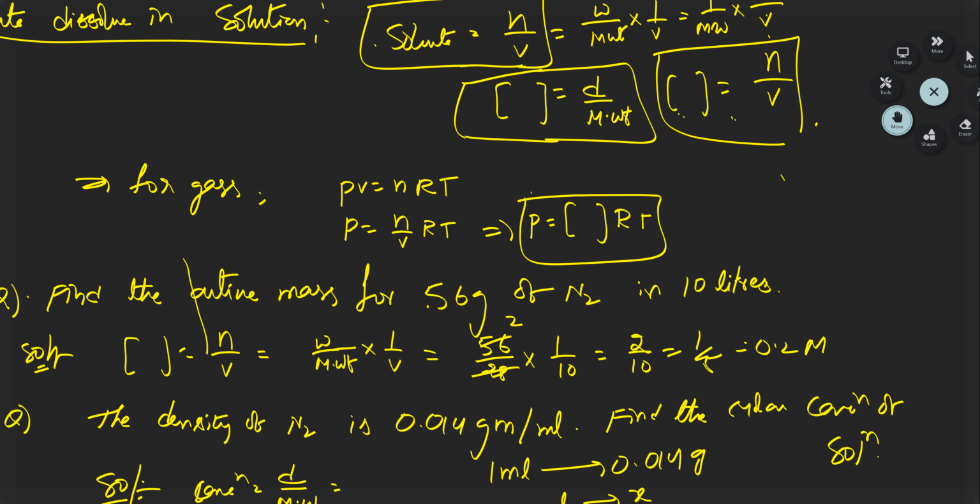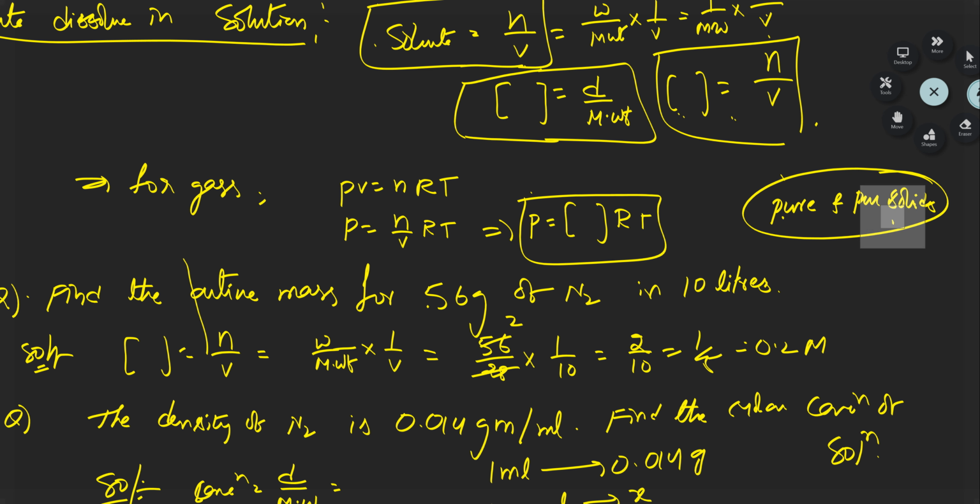So density of pure liquids and pure solids are constants. There is no change in the density of pure liquids as well as pure solids. Molecular weight also is constant. So the active mass of these two are constant. So the pure liquid and pure solid active mass is nothing but 1.